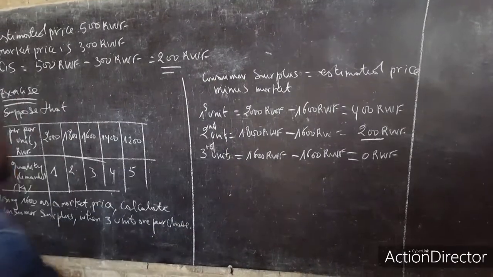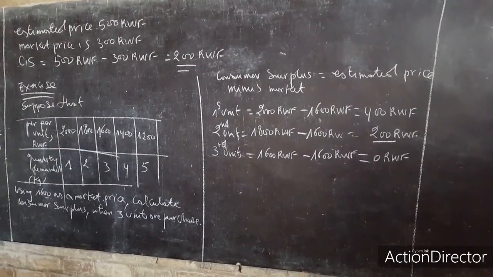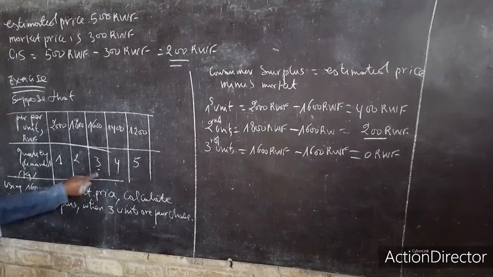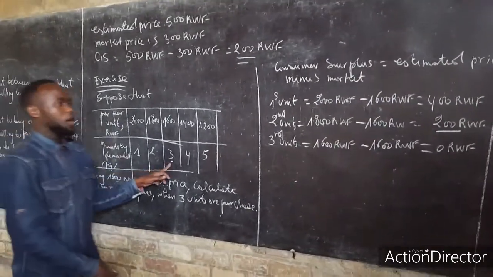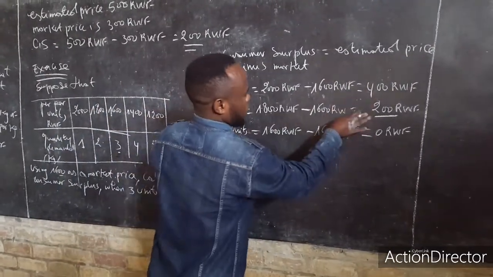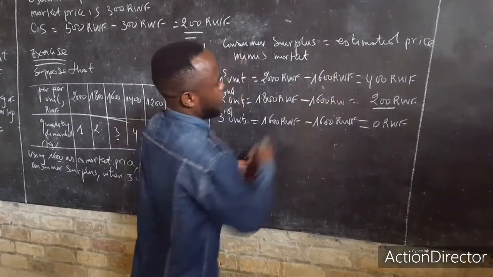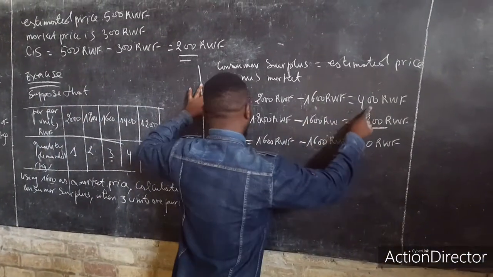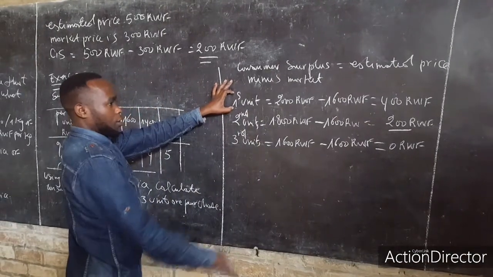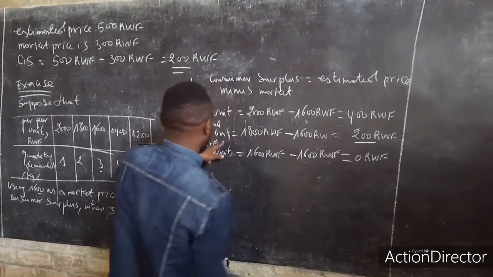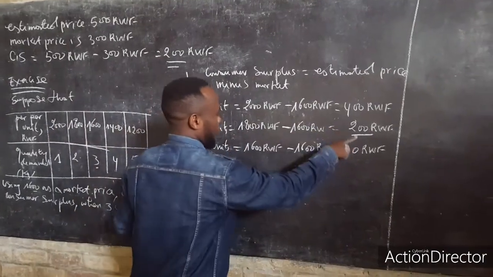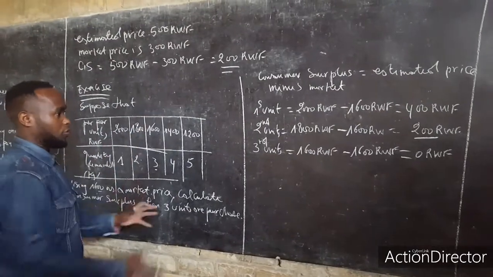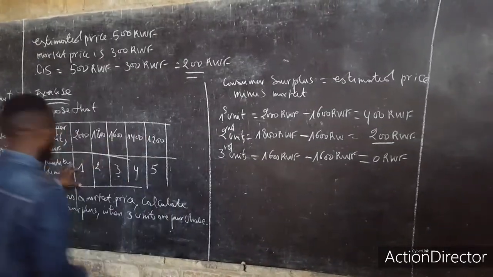When the consumer is estimated to buy the 3 units, meaning that the 3 units are already purchased, the consumer will enjoy 600 Rwandan francs, because we take the surplus from first unit, we add the surplus from the second unit, and then we add the surplus from the third unit. The total is the consumer surplus in this situation.